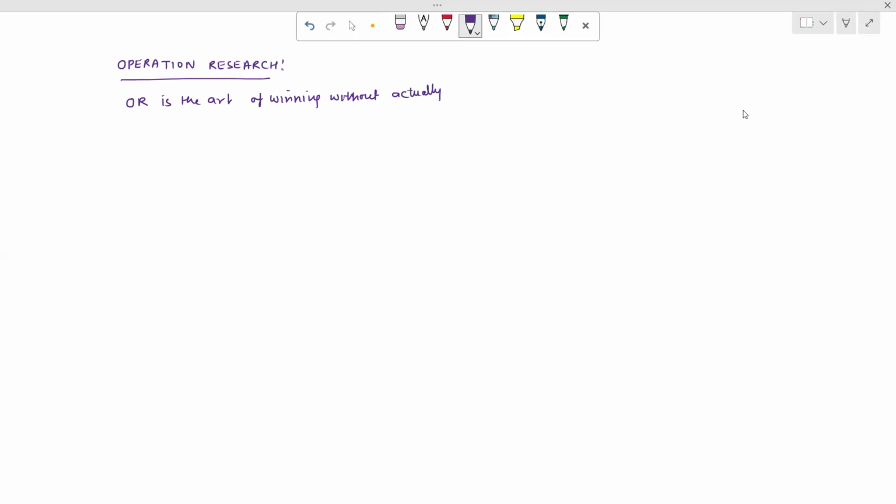You use some weapons and other things for winning the war. So there were several definitions of operation research at that time.